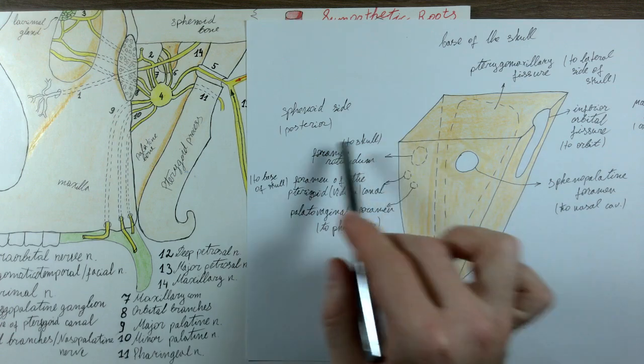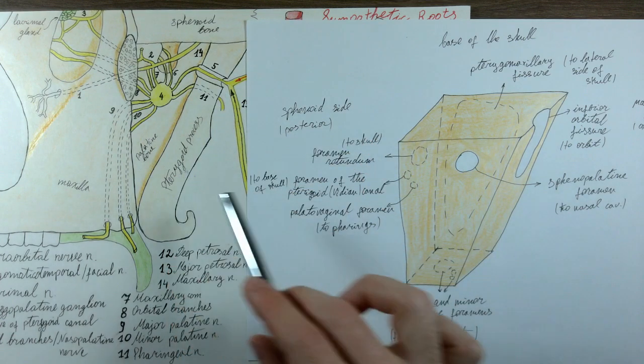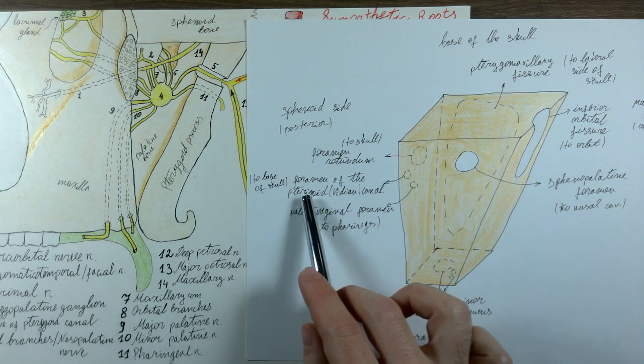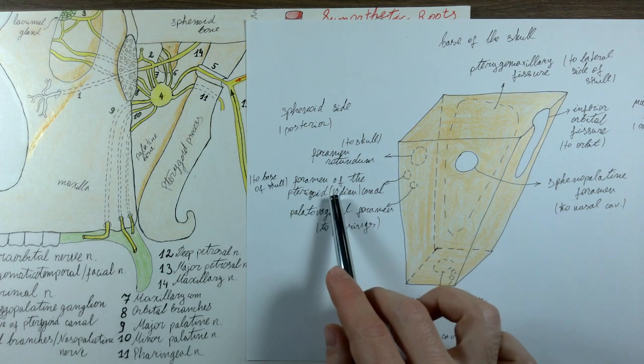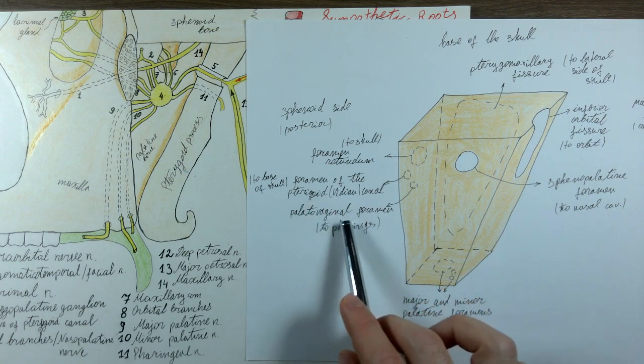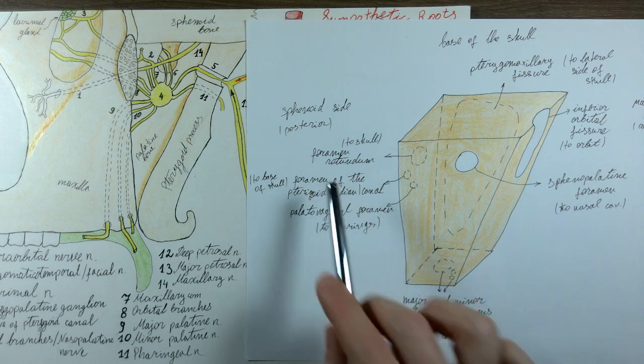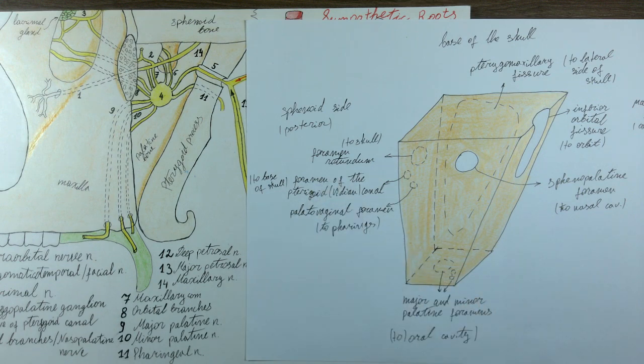On the posterior wall, around the pterygoid process, you have foramen rotundum, which goes to the skull. You have the foramen of the pterygoid canal, you have the palatovaginal canal, the second one goes to the pharynx, and this one goes to the skull, and therefore different nerves there.